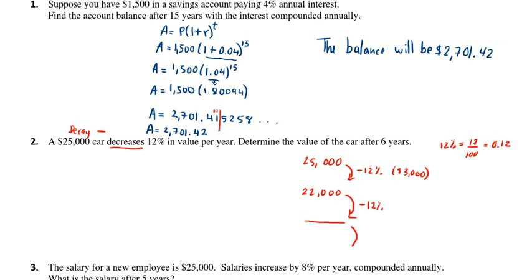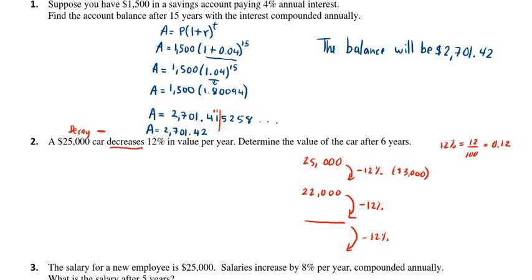And it's going to keep like that, being compounded annually, meaning that it is reducing 12% of the amount that we have after a certain number of years, not of the original quantity, which means it's going to lose value faster.